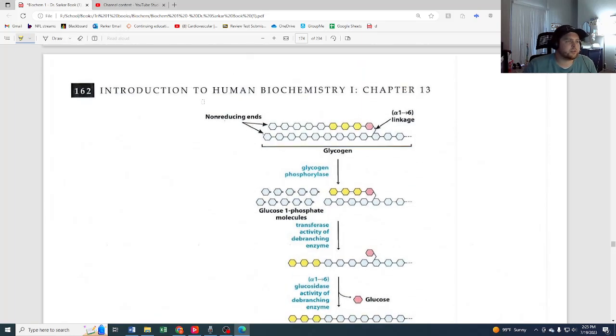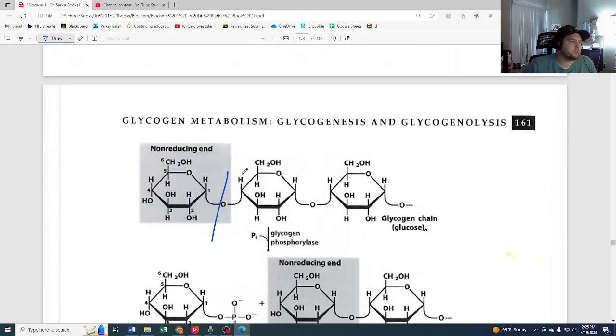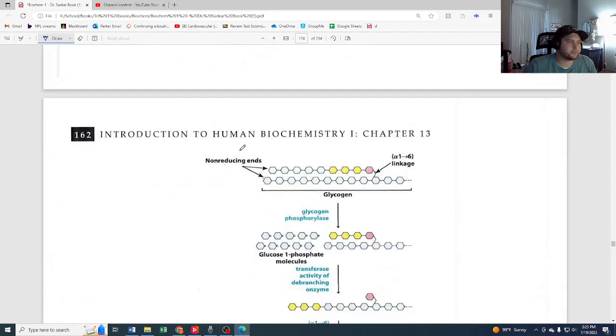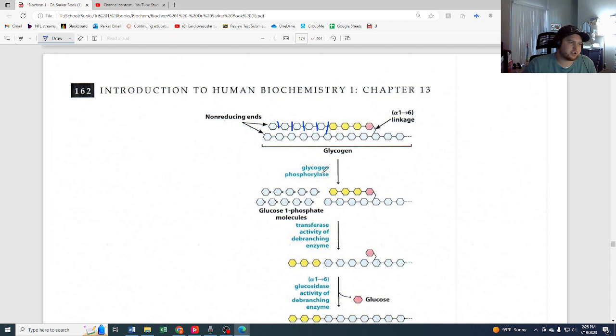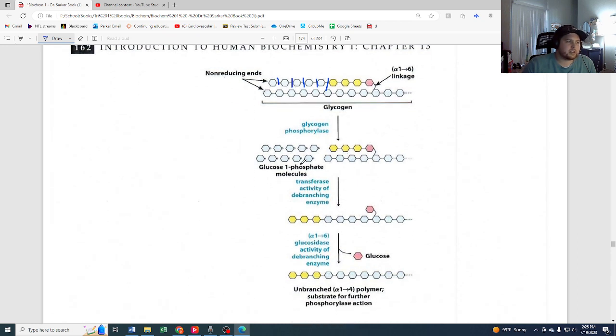So what this is saying, on our non-reducing end, glycogen phosphorylase is chop, chop, chop, chop, chop on this end until we get to the last 4. At the last 4, we have the transferase activity of the debranching enzyme. It's going to take these 3 and move them onto the longer chain, just like that. See how they're already pretty close?